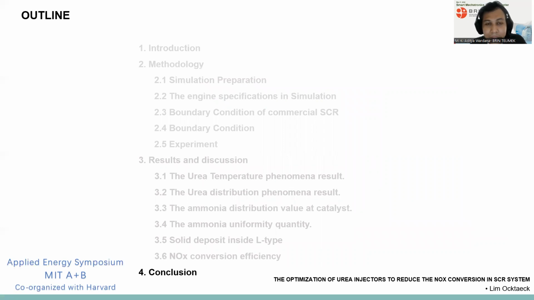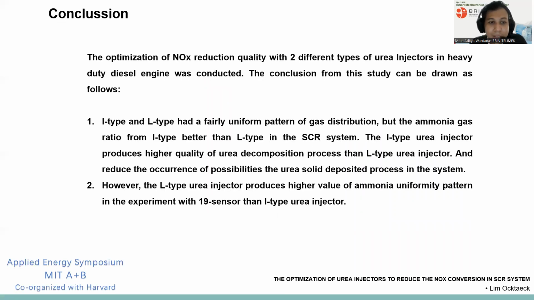The conclusion of this research: the I-type and L-type had a very uniform pattern of gas distribution, but the ammonia gas ratio from the I-type is better than the L-type in the system. The I-type urea injector produces higher quality urea decomposition than the L-type urea injector, and reduces the possibility of a solid deposit process in the system.